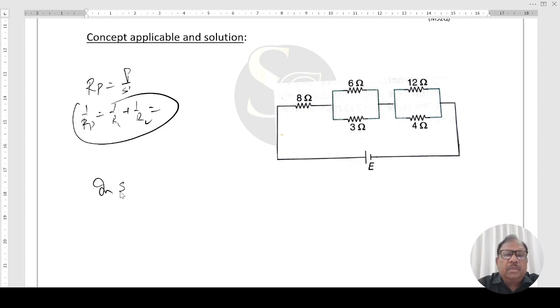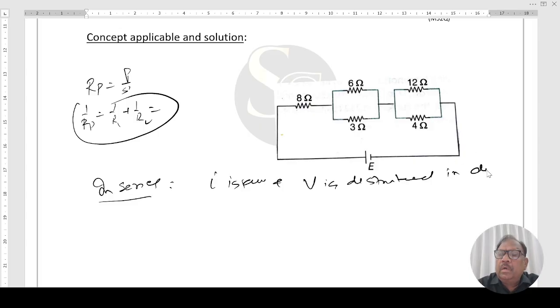In series, I is the same and V is distributed in direct ratio of resistance.